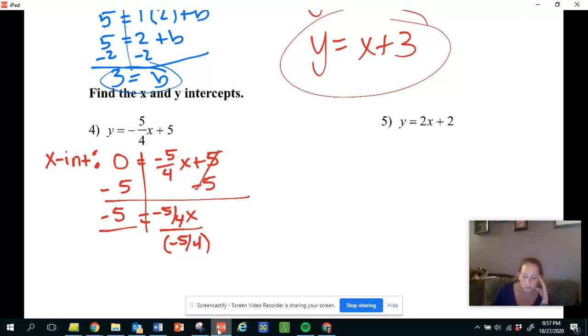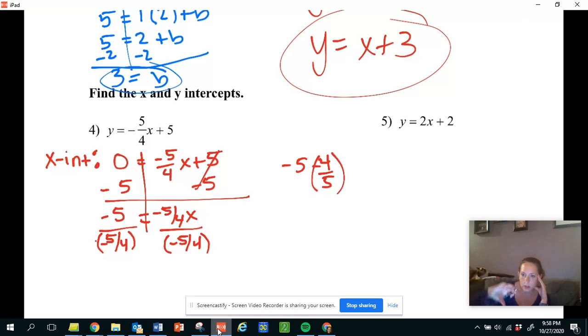I'm dividing both sides by negative 5/4. You can type that into GeoGebra, into Desmos, or any scientific calculator, not your phone calculator. What I'm essentially doing is, when I divide by negative 5/4, I'm multiplying by negative 4/5.